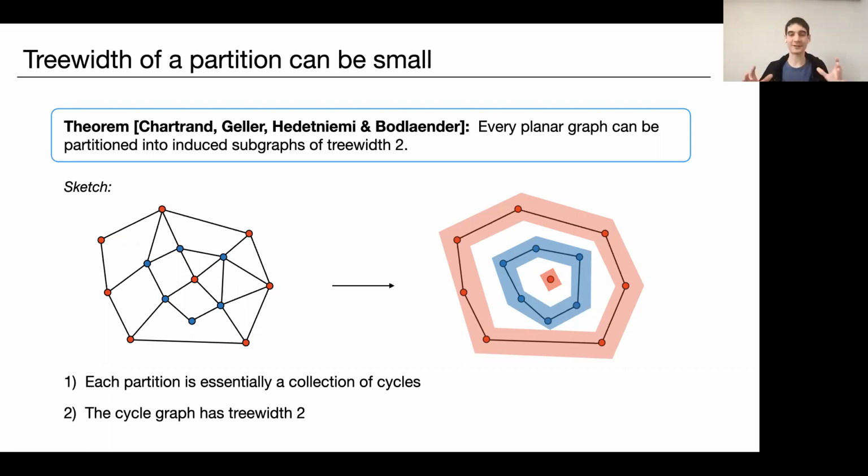The cycle is one of the minimal graphs which is not a tree. If you remove any vertex of the cycle, then you immediately get a tree, which we know has tree width 1. And then you insert that vertex back into every bag. Then you've got the cycle graph again. And so now you've shown that you have a tree decomposition of tree width 2. So that's the sketch for why planar graphs can be partitioned into small tree width pieces.